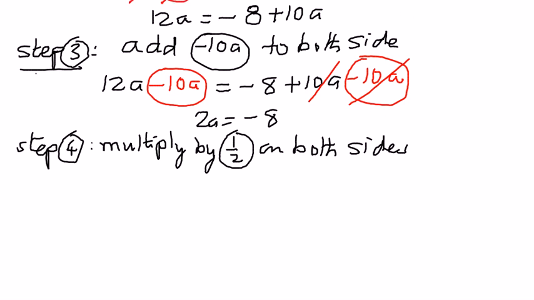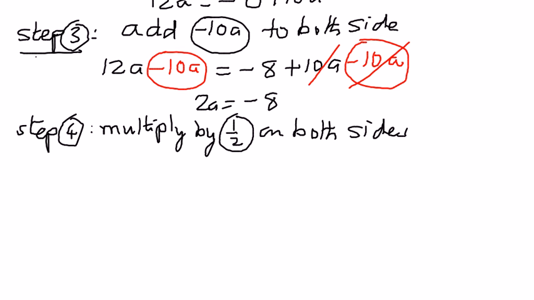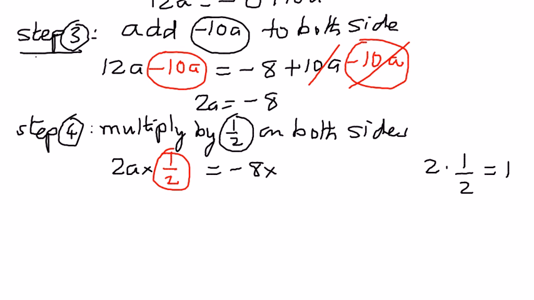And what do we mean by that? We mean that 2a times 1 over 2, we are multiplying by the reciprocal of 2 which is 1 over 2, because when we multiply a number with its reciprocal, the product is always going to be equal to 1. That is the reason why. And we want to find the value of 1a is equal to negative 8 times 1 over 2.